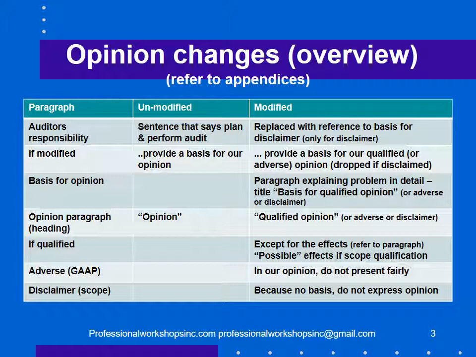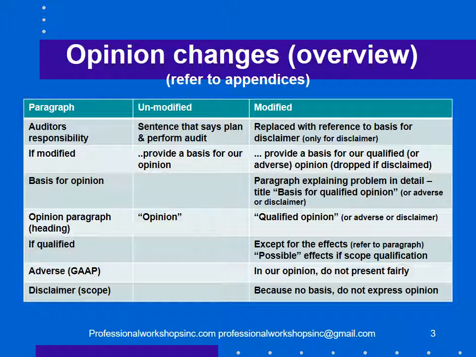There is a sentence where we say that we plan and perform the audit, and that sentence is unchanged for all 3 except for a disclaimer where we provide a reference to the basis for the disclaimer. We say this is why we've disclaimed our opinion.